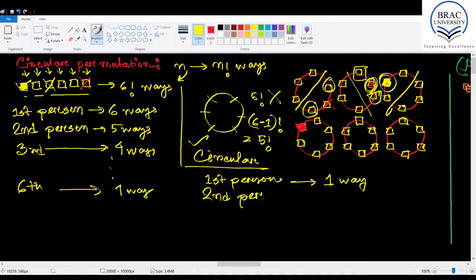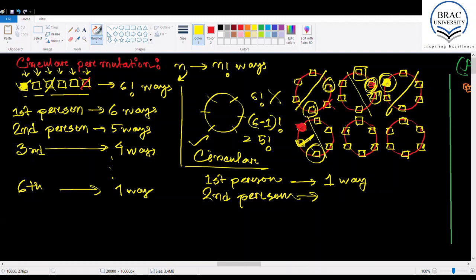So the second person, if he wants to sit, has 5 options left, and if the second person sits here, he will have the first person to his left and there will be 3 empty seats in front of him and he will get an empty seat to his right.